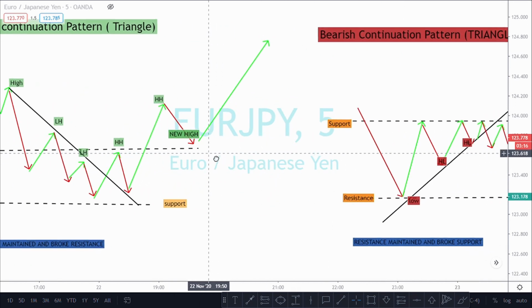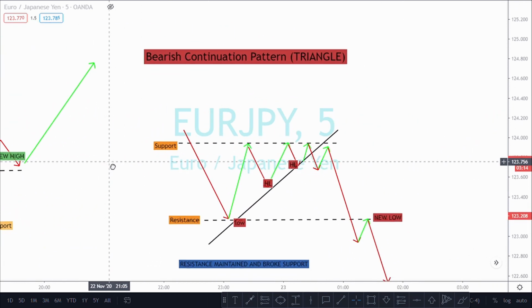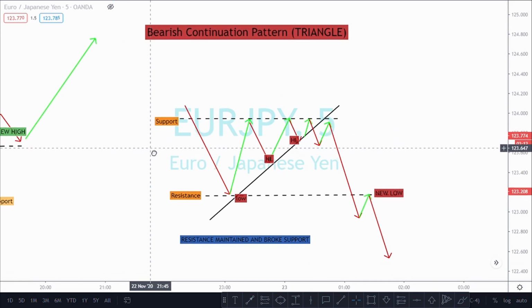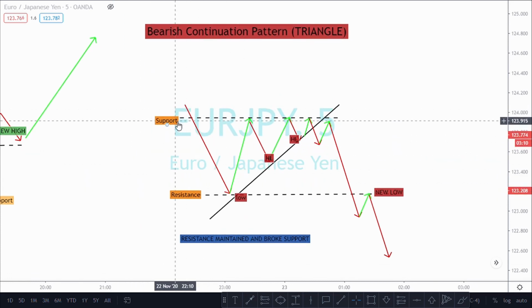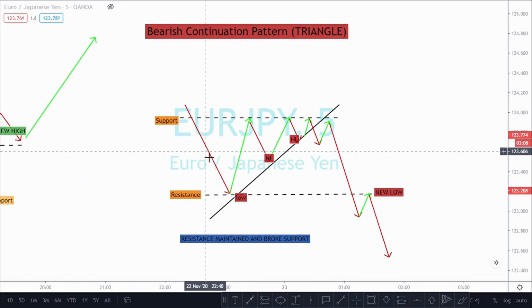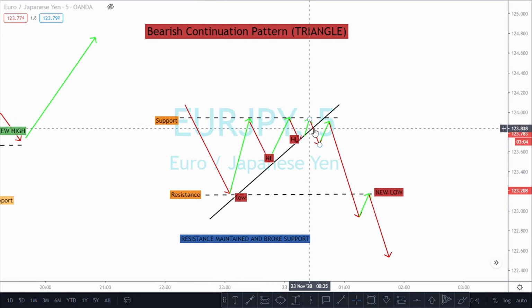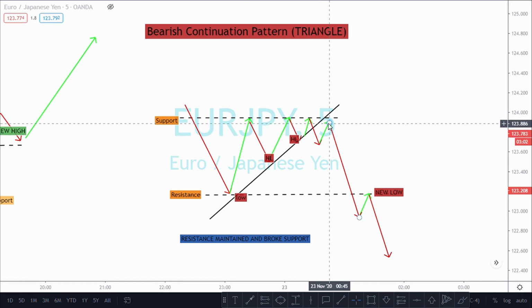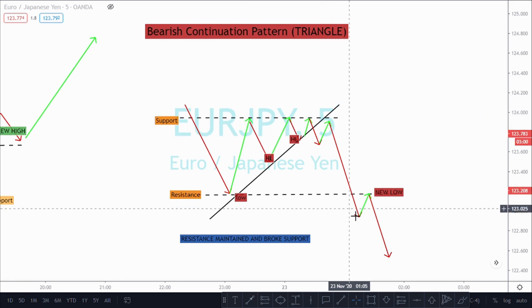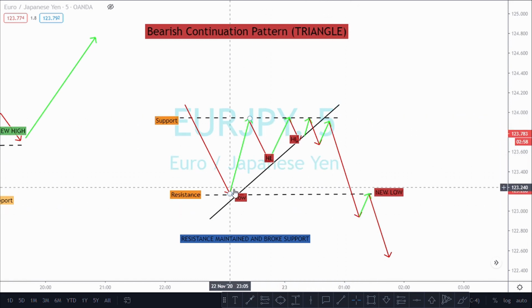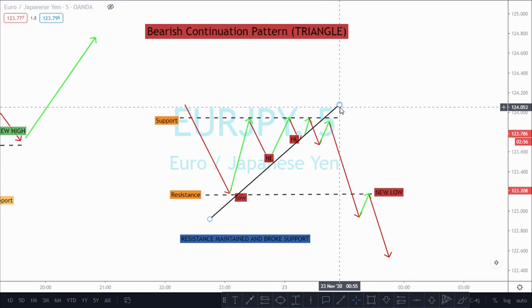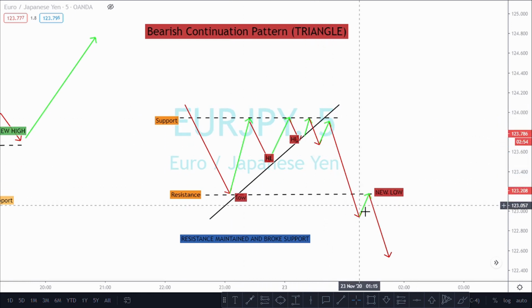Let's go to the bearish one now. Same concept. You can see the whole triangle thing, and you see the break and then the retest back at the zone and then it continues. Especially when you see it go upwards, it normally drops fast when it comes down.